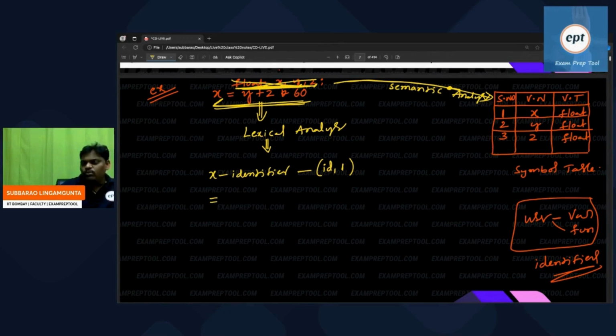Because it knows, every compiler knows what operators it has. That is the reason, whenever it came, he got to know that it is an operator. Which operator is it? The assignment operator. Yes, so he got to know it is the assignment operator.